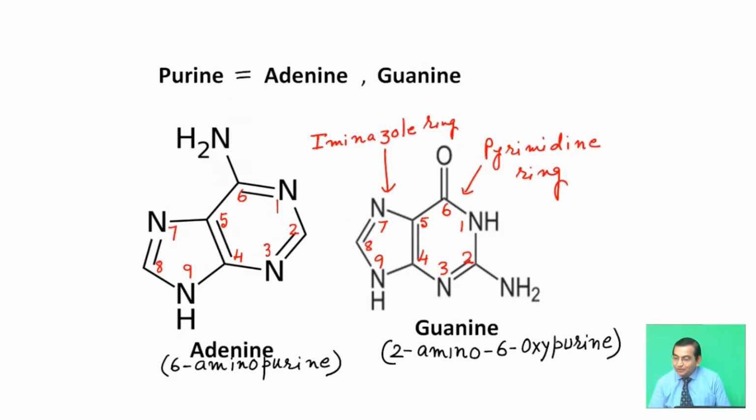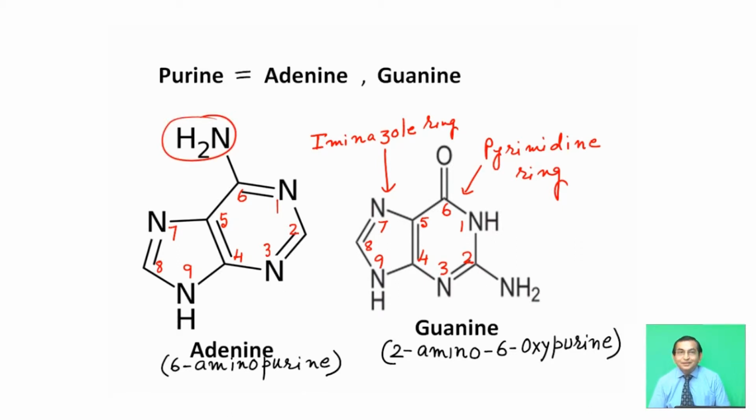Now purine consists of adenine and guanine. In purine there is a pyrimidine ring and an imidazole ring, that is, 2 rings are there. One pyrimidine ring binds with an imidazole ring. Now adenine is a 6-amino purine, that is in the 6th position one amino group is present.